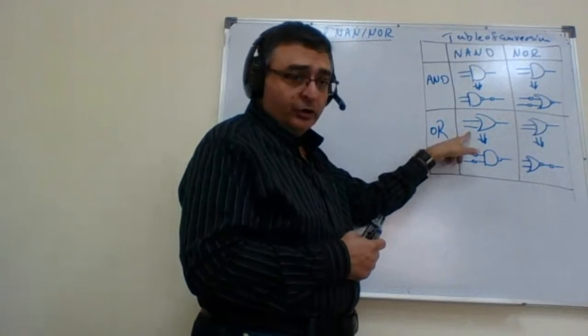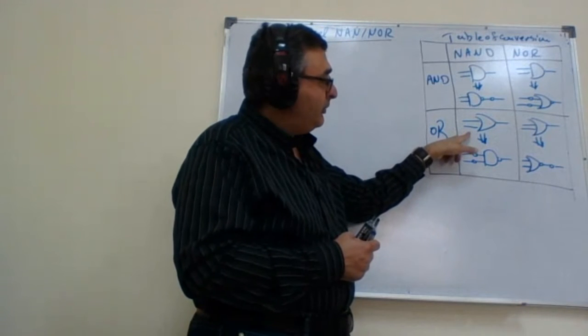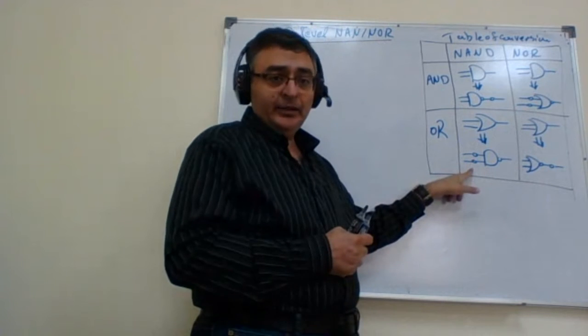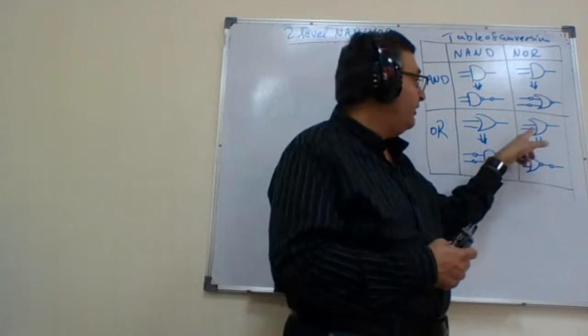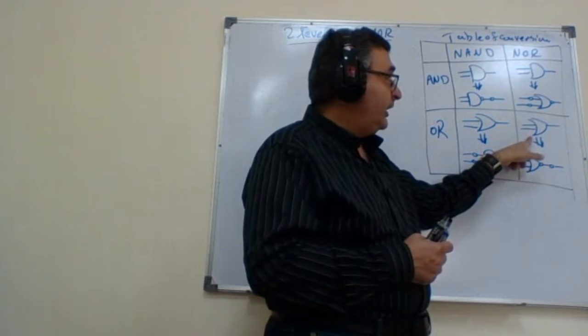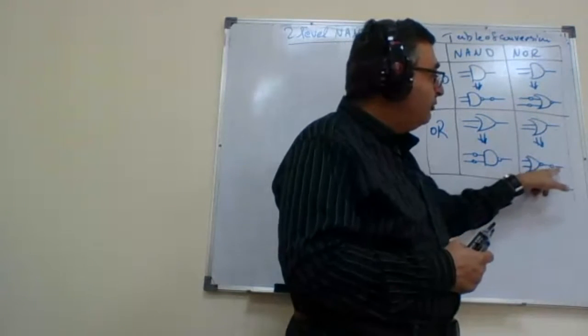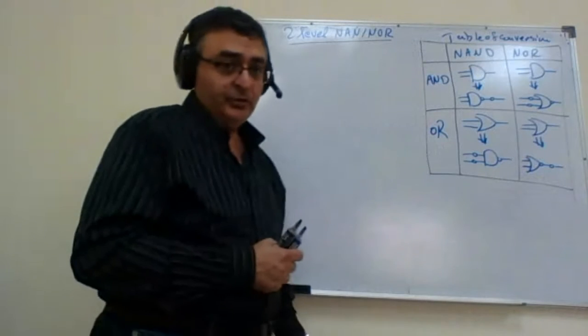If I have an OR and I want an implementation using NAND, I have a NAND and two inverters at the input. If I have an OR and I want a NOR implementation, I have to implement that using a NOR followed by an inverter.